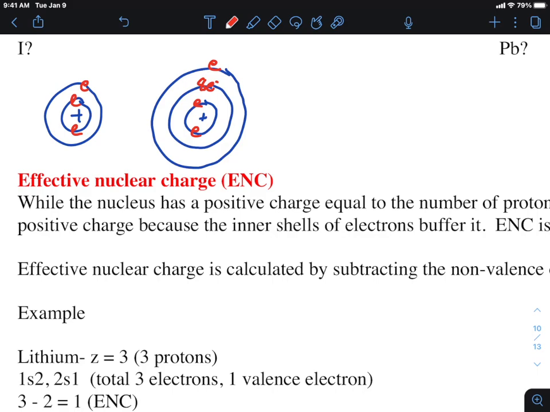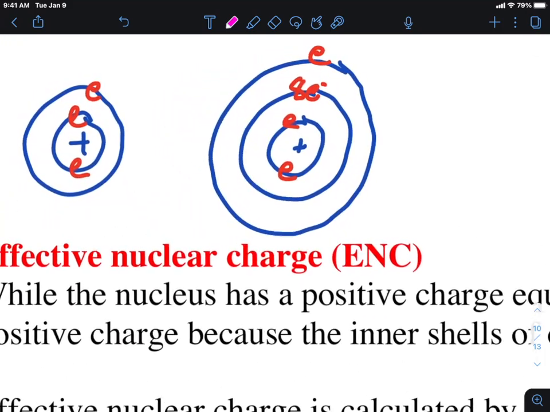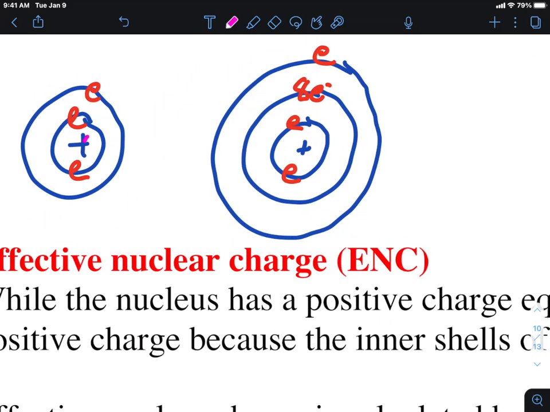That's a possibility. There's also a case to be made for the first one, because of the attraction taking place between the positive nucleus and the negative electrons. The nucleus attracts the electrons in energy level 2.